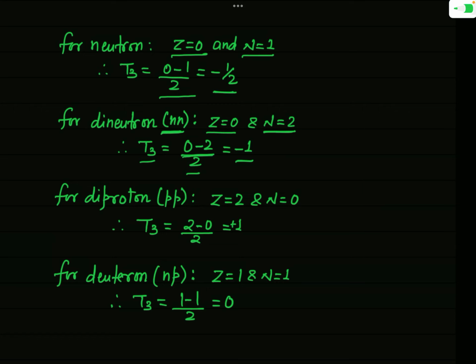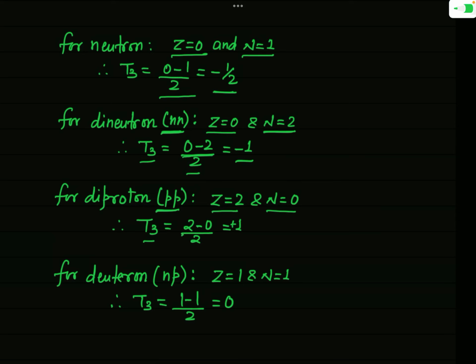Similarly, we also talk about another unstable system which is called diproton. No such nucleus actually exists in reality, so these are not stable. So when you talk about diproton, in this system there are two protons but no neutron. Okay, so T3 will be what? Z minus N over 2.